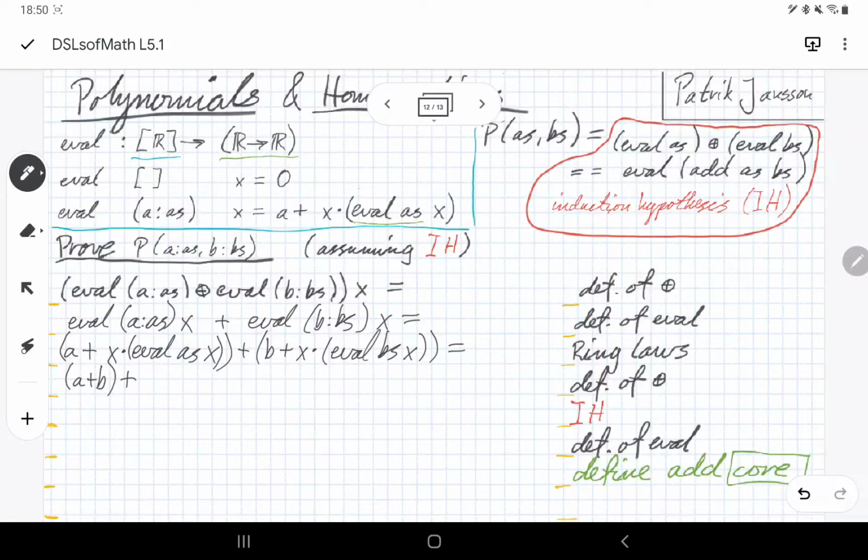And then if we notice what's left, we can see that there are two terms, both have x multiplied in front. So I use the distributive law and say, this is also then x times, and then a parenthesis, and these two terms. So one is eval as x, and the other is eval bs x.